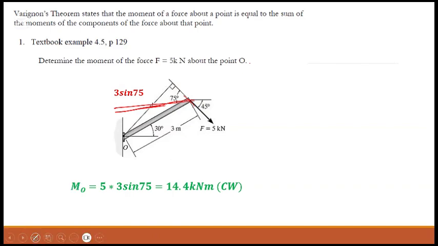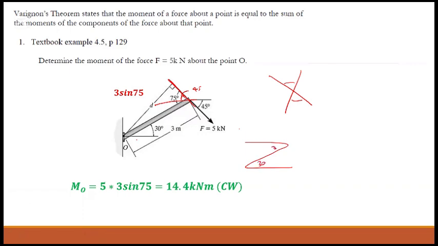So how do you figure it out is, if you draw a line like this, this angle is 45, because that is like an X angle like this. And this one is 30, this is also 30. So this should be 30. And 45 plus 30 is 75. That's how the 75 came.